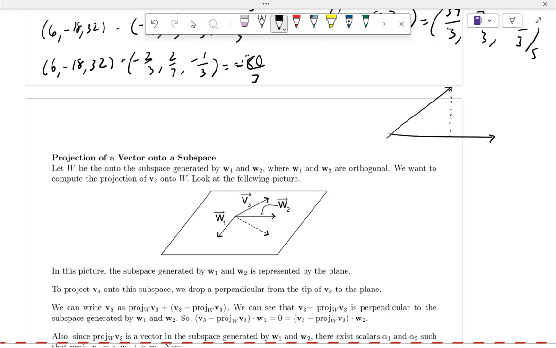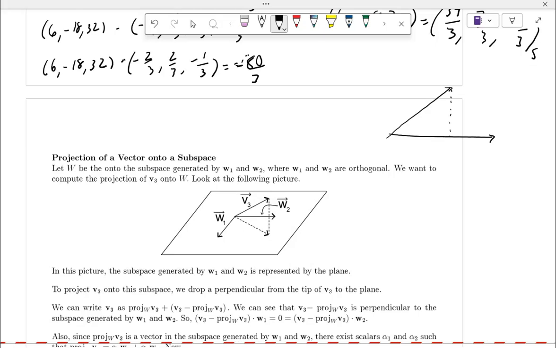Okay. We're doing the exact same thing here on this particular picture, right? I'm going from the tip of V3. I want to take the line that goes from the tip of V3 that would be perpendicular to this plane in this picture. That would give me the projection, okay?